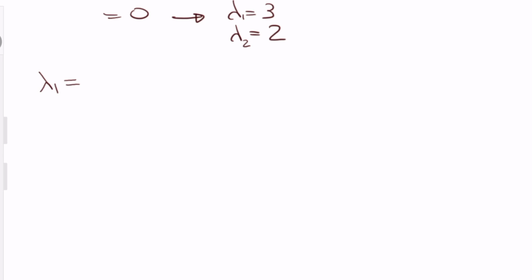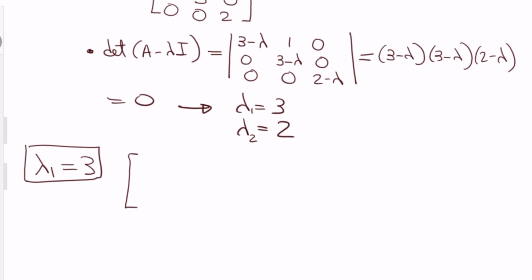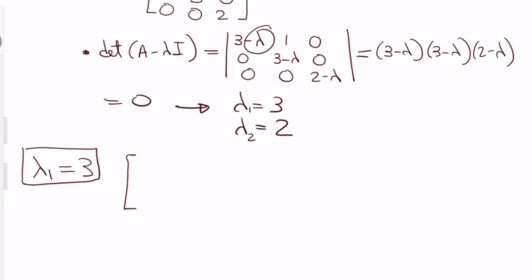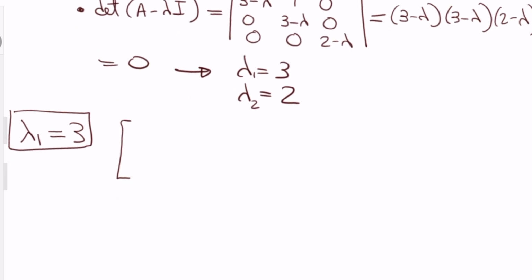Next, calculating the eigenspaces. We need the basis of the eigenspaces, right? So the first eigenvalue is lambda 1 equal 3. To calculate the eigenspace, I'm going to write down the matrix that we have here, and instead of lambda, we are going to put now 3.